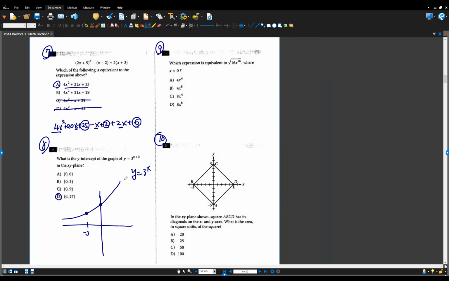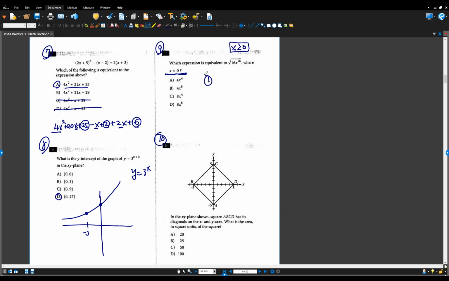All right, number 9. Which expression is equivalent to square root of 16x to the 16? Now they're gonna use this one. Usually before this test, they just assumed that on the SAT, inside the radical is always positive numbers, so you gotta be careful.